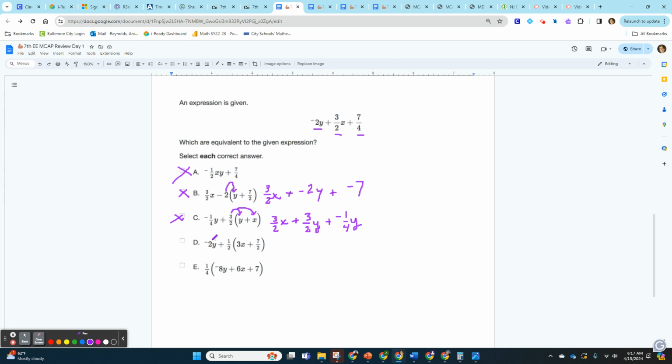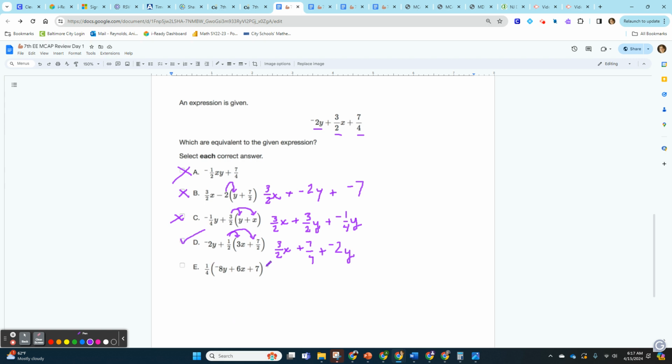We keep going here. We can see the -2y. We can see that 1/2 times 3x is 3/2 x, so that's going to match. 1/2 times 7/2 is 7/4, so that's matching. And remember, I had my -2y at the front. So this one matches.